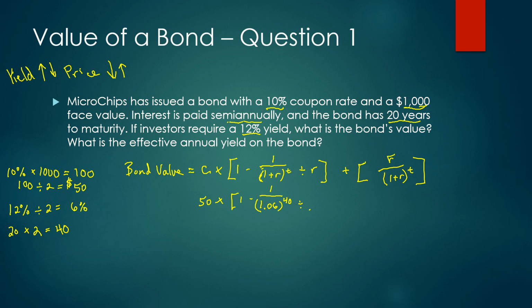That's going to be divided by 0.06, our rate, plus our face value is 1,000 divided by 1.06 raised to 40. Okay, so now it's just a matter of figuring out the calculations. I'm going to go ahead and do it on my calculator. So it'll be just 1 second, and then we'll figure it out.